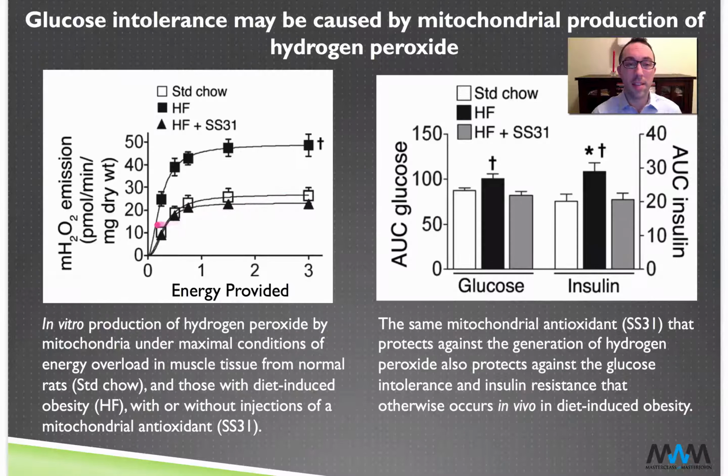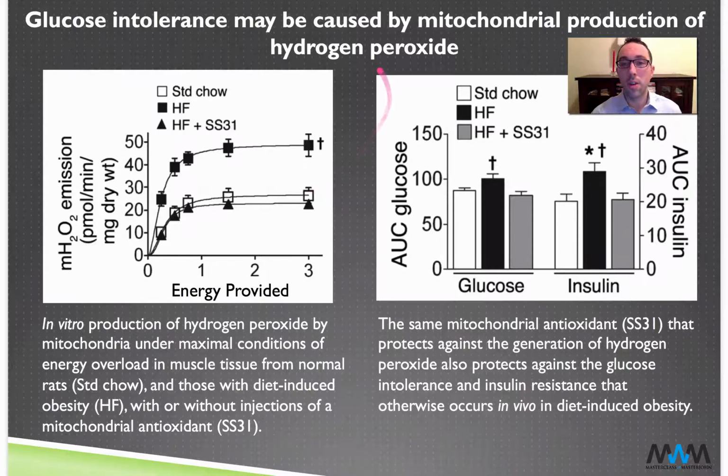However, in the animals that became obese and did not get the synthetic antioxidant, they had a massive increase in hydrogen peroxide production. Whereas the animals that got the standard chow, who were lean, or the animals that got the obesogenic diet and the mitochondrial antioxidant, hydrogen peroxide levels were brought back down to normal.